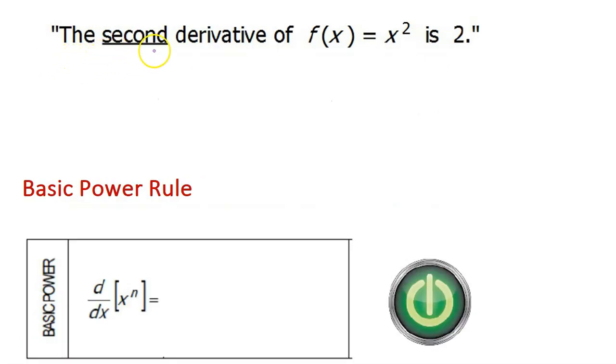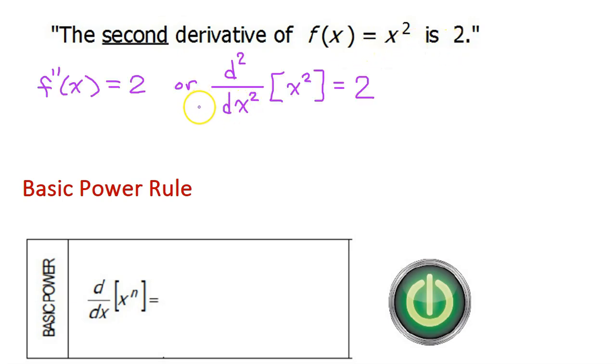How do we express that the second derivative of f of x equals x squared is 2? The second derivative means the derivative of the derivative. It's the rate of change of the rate of change. For the Lagrange notation, the second derivative is expressed as f double prime. For the Leibniz notation, there's no way to directly read these symbols.